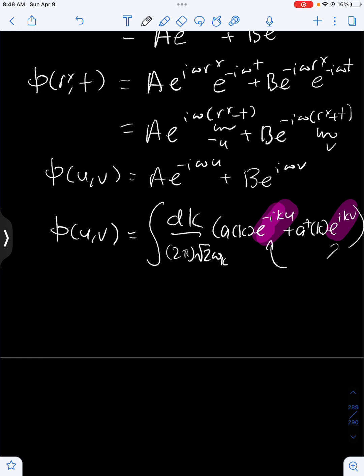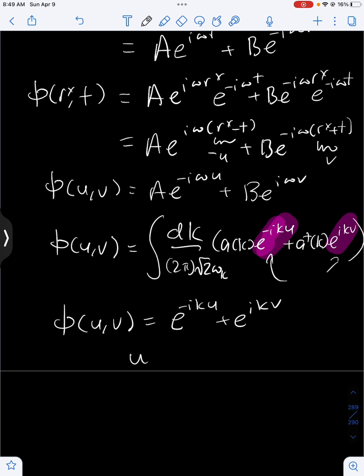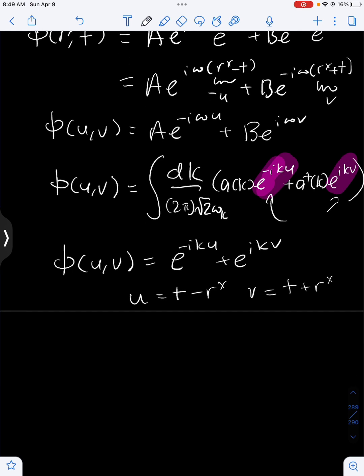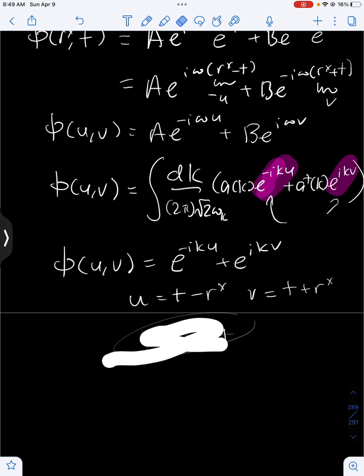We can pretend that phi of u and v is e to the minus I k u plus e to the I k v. And to be clear, u is just t minus r conjugate, and v is t plus r conjugate. I think in the video on the Hawking effect, we defined it as r conjugate minus t. It doesn't really matter how you define it, we get the same thing in the end.